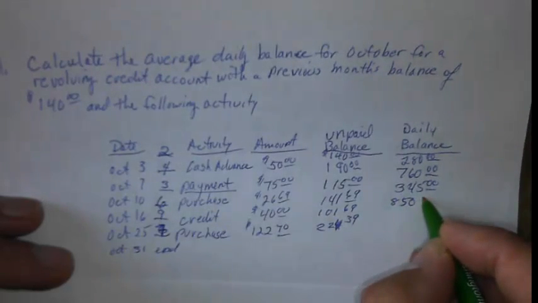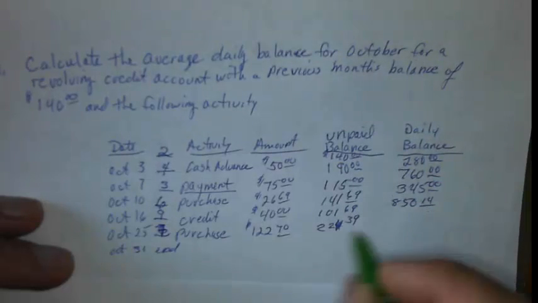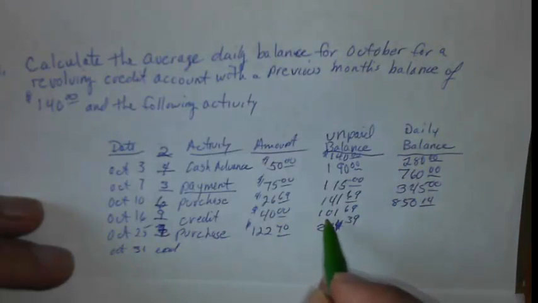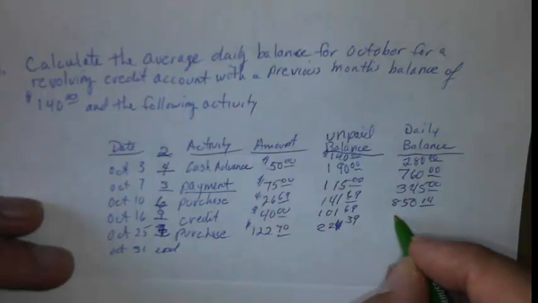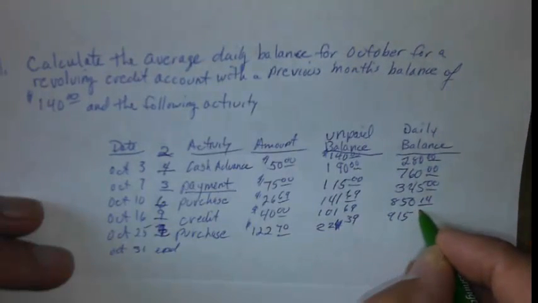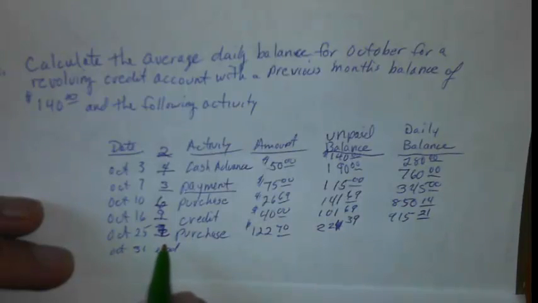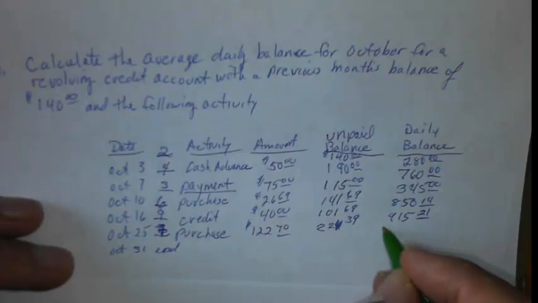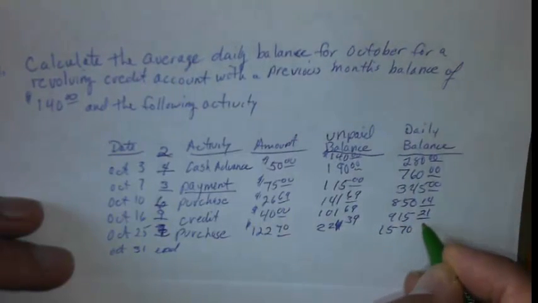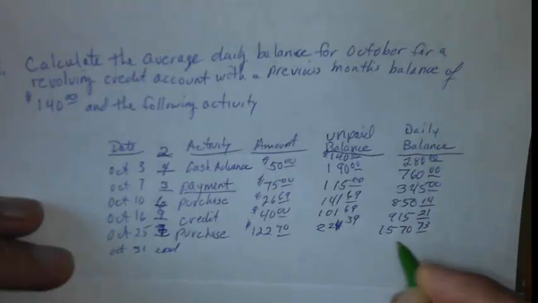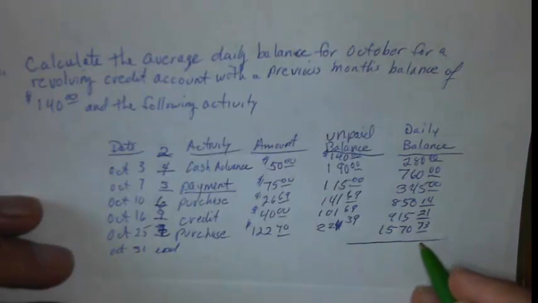It's going to be 850, 14. 9 times the 101.69, 915, 21. And last but not least, you do the 7 times the 224.39, gives us 1,570.73.